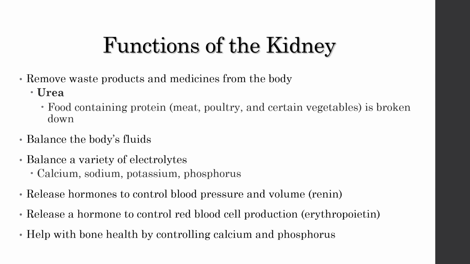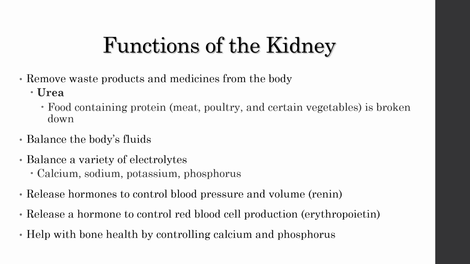Okay, now let's talk about why kidneys are so important, because they do way more than make urine. First and foremost, the kidneys remove waste products and medications from the bloodstream. One of the most important waste products is urea, which comes from protein metabolism. So every time someone eats meat, poultry, or protein-rich vegetables, the breakdown products eventually end up filtered by the kidney.